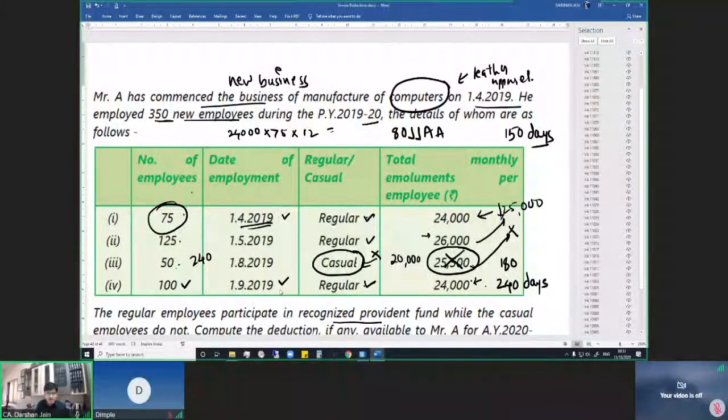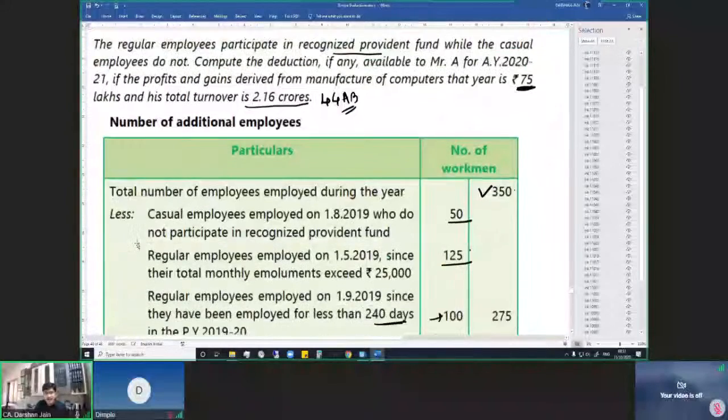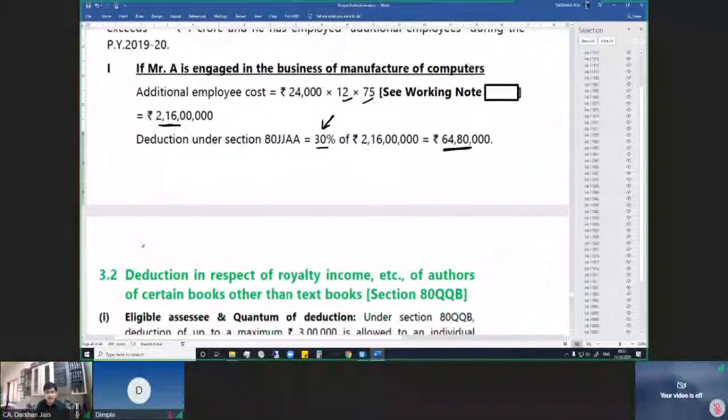Now here these 100 employees would be employed for more than 150 days, and therefore what we do is we'll add these 100 employees into rupees 24,000 into 7 months. They were employed on 1st of September. So September to March, including September, would be 7 months.